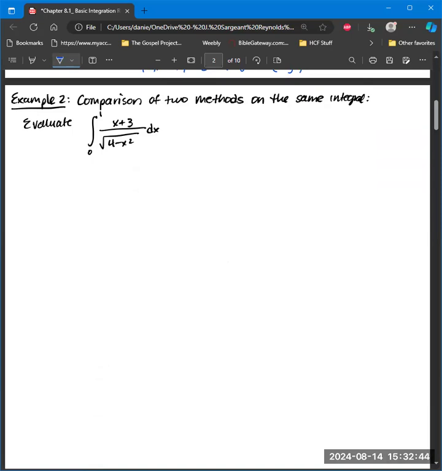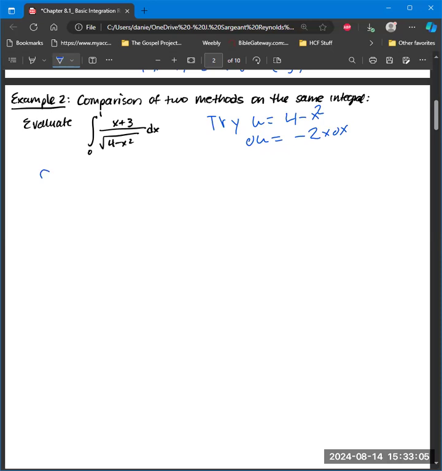Now we have the integral from 0 to 1 of x plus 3 over the square root of 4 minus x squared dx. So let's try u equals 4 minus x squared, and du is equal to negative 2x dx.